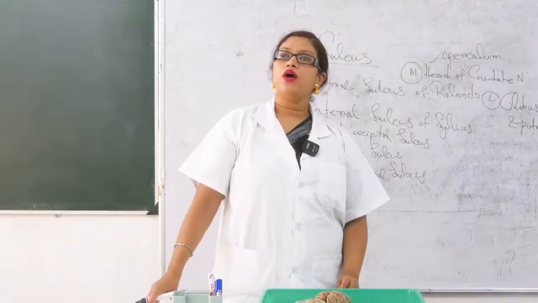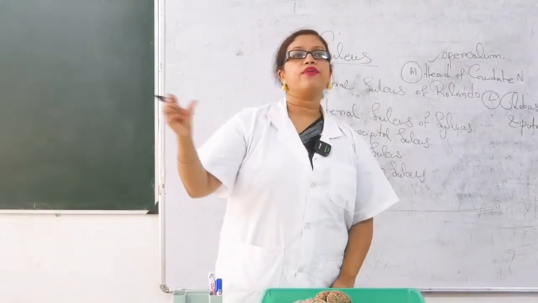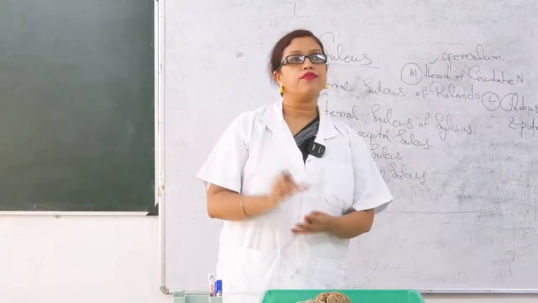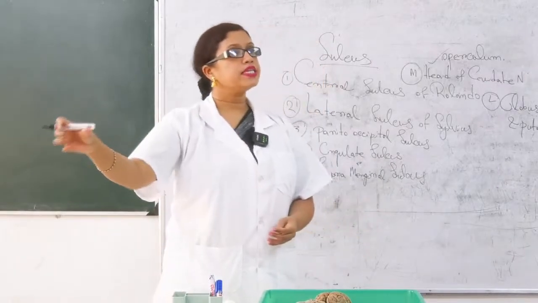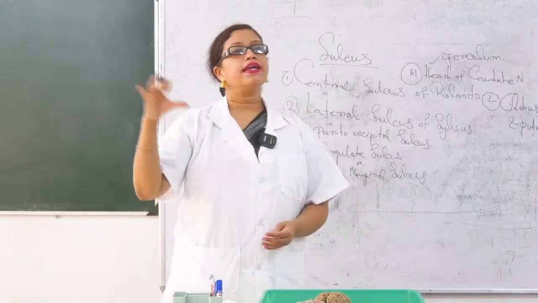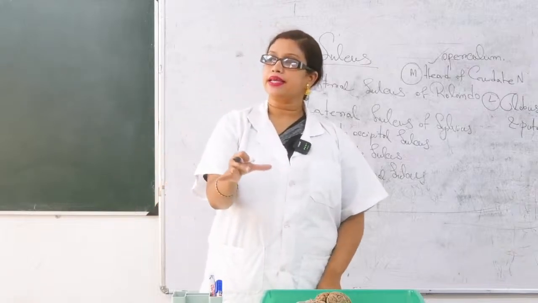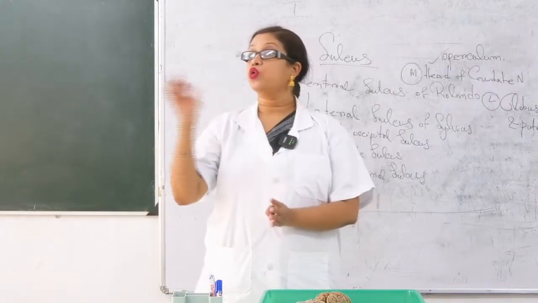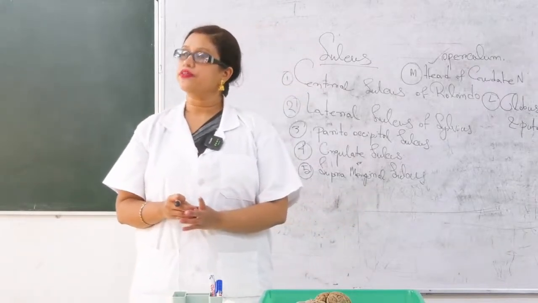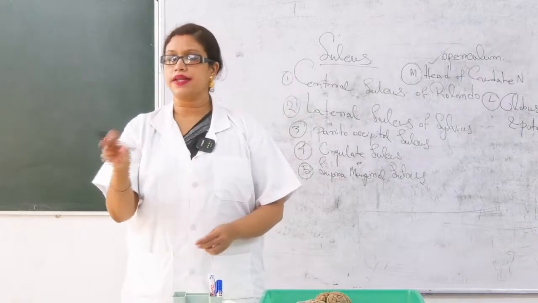You are aware of two types of fibers, right? Afferent fibers. What is the function of afferent fibers? These are receiving signals. Then it is relaying to the internal capsule. Finally, the motor function will be activated by the efferent fibers. So this is the circuit.